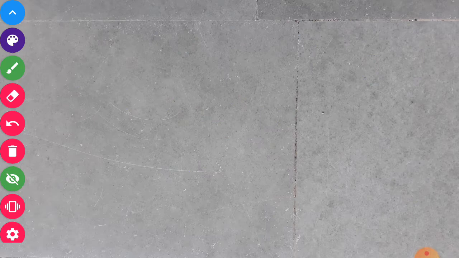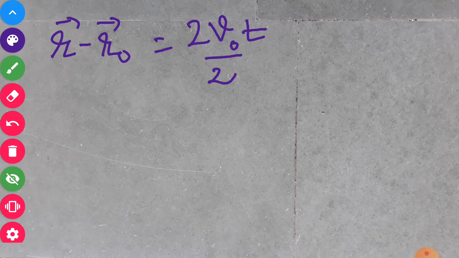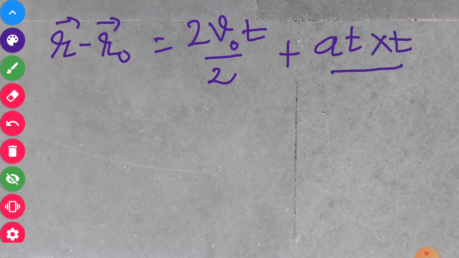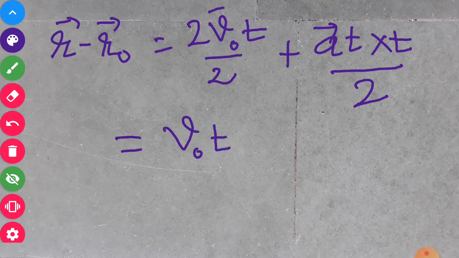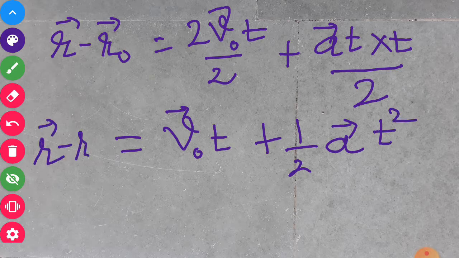So r minus r0 is equal to 2v0t divided by 2, plus a into t multiplied by t divided by 2. Okay, so this becomes v0t, with all vector quantities, v0t plus half a t square. So this will be the displacement r minus r0.